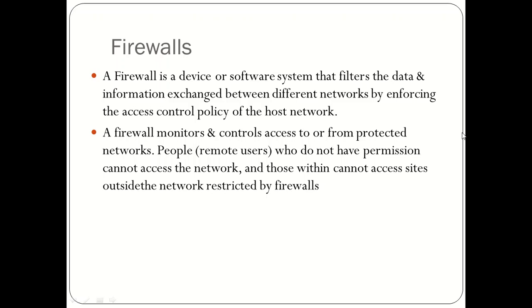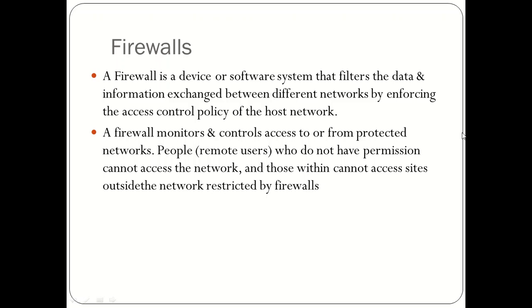Now the firewall can monitor and control access to and or from protected networks. I've already mentioned that people who do not have permission cannot access the network. So anybody who is maybe a remote user who has no permission cannot access our internal network, and those within cannot access sites outside the network restricted by the firewall.